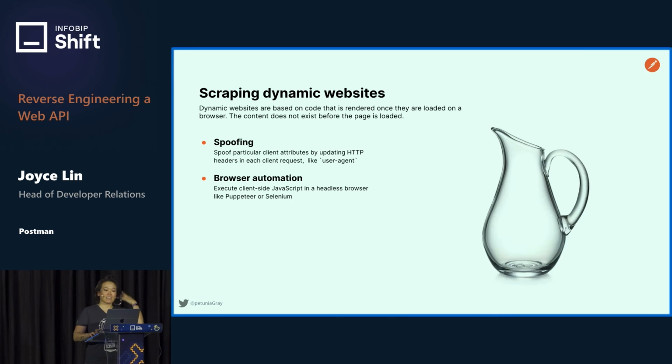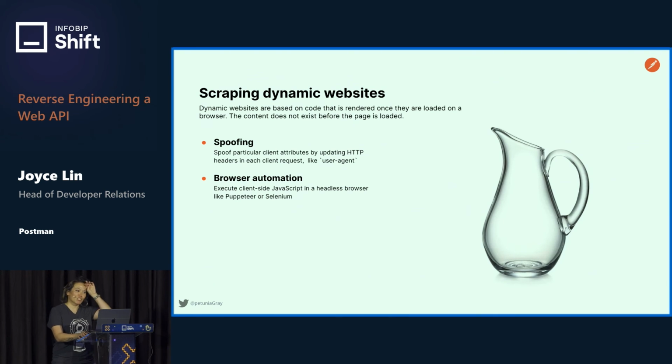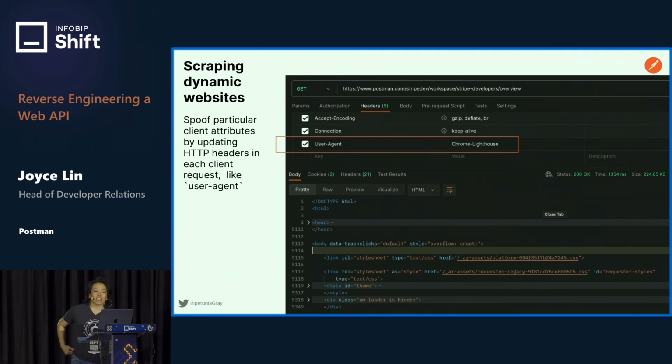So spoofing client attributes, user agent is a really good one. Browser automation over there. I was able to scrape Postman.com by updating the user agent to Chrome Lighthouse. Once you get the content to render, people might not know what you could do under the test tab, but there's a Postman sandbox where you can write JavaScript.